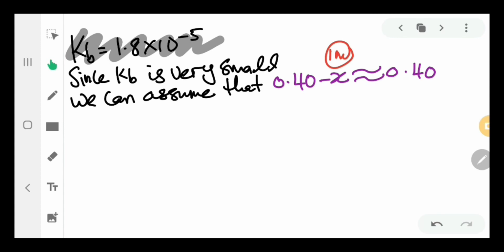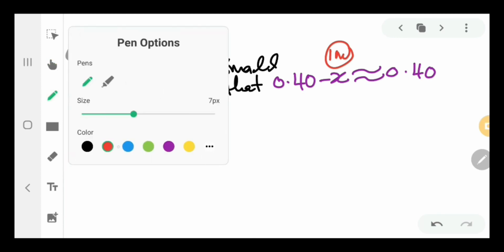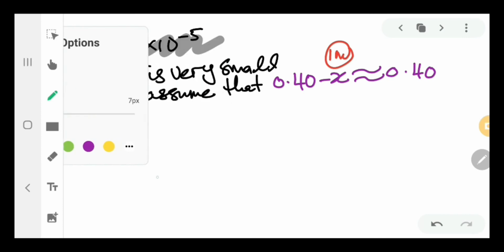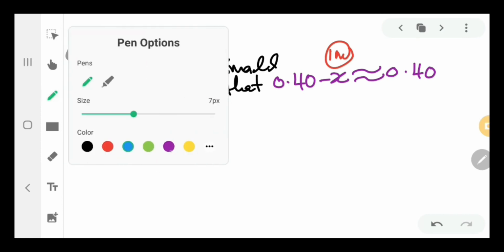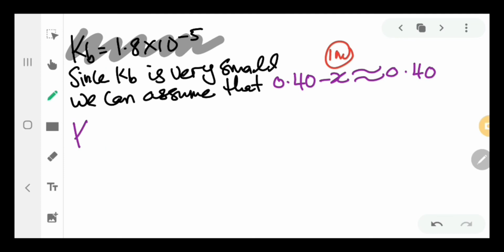So after you have done the assumption, the KB expression is X squared over 0.40. This is how it's going to look after we have assumed. And we're going to replace the value here into your KB.